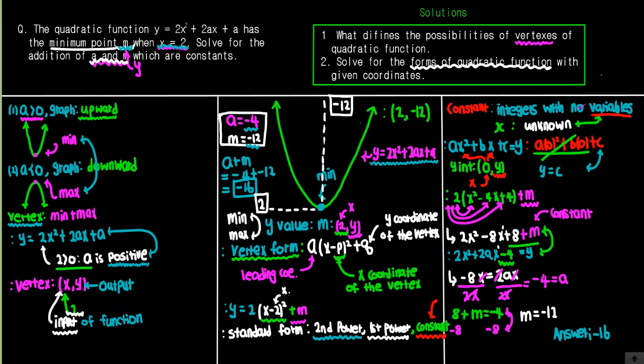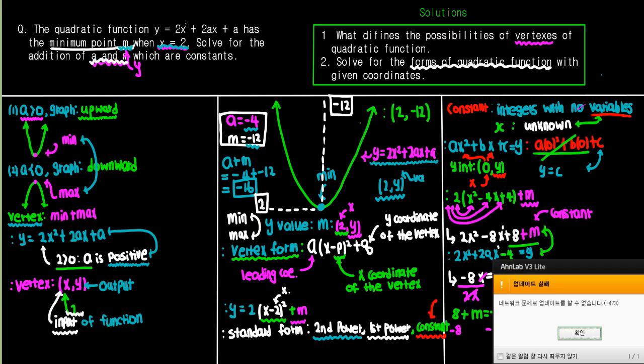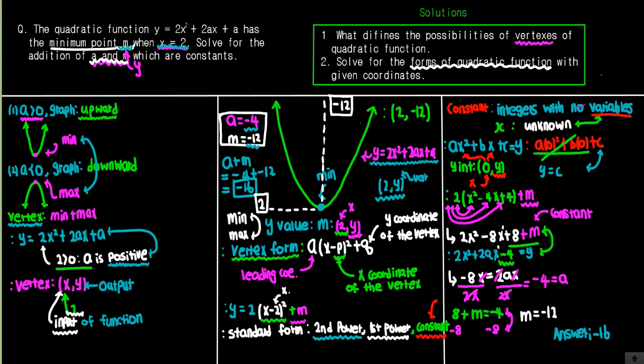And the most important thing when it comes to solving this question is converting our format, our coordinate, which was 2 comma y. This was the only given coordinate, even though it also contained a variable. Then we had to convert this into the vertex form, which we figured out right over here.